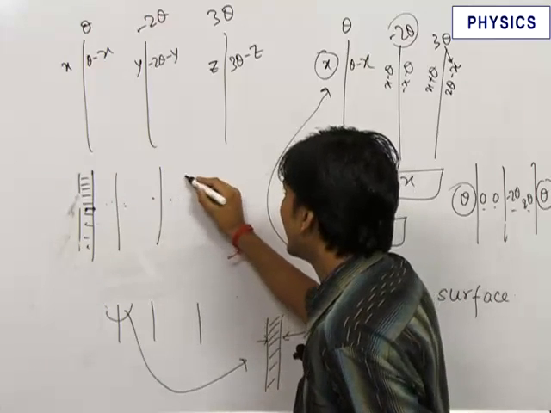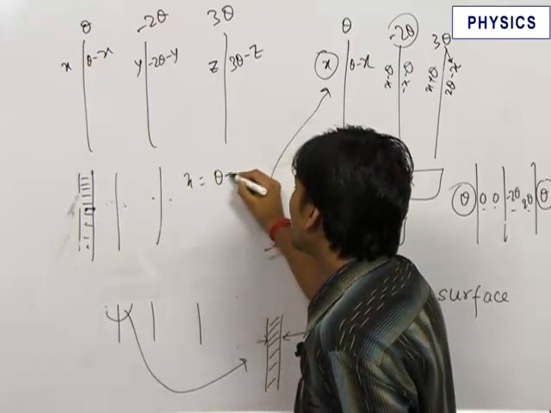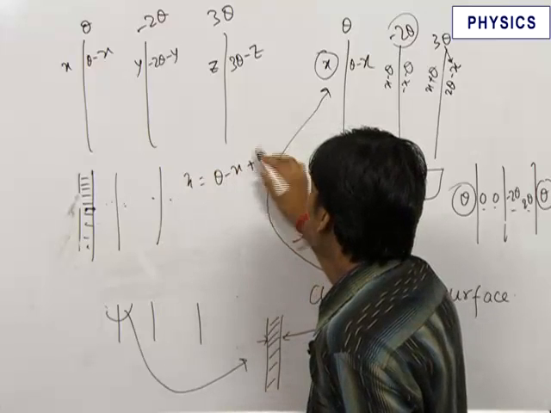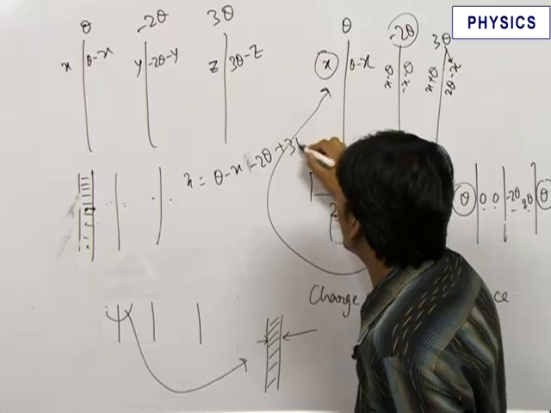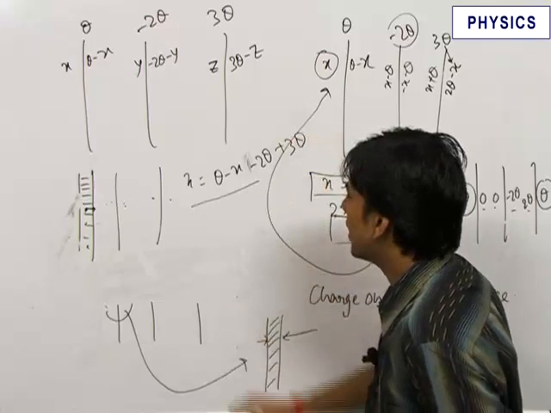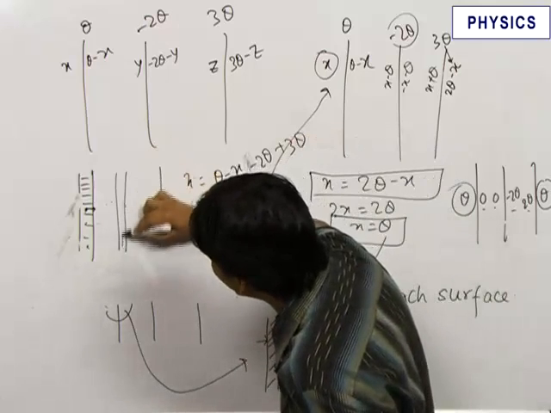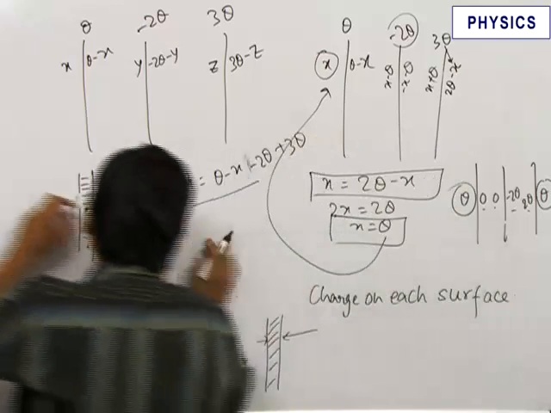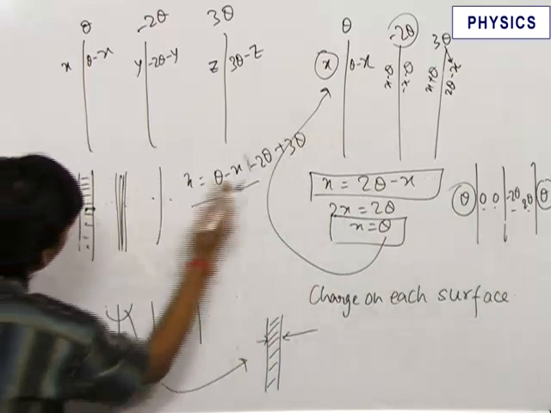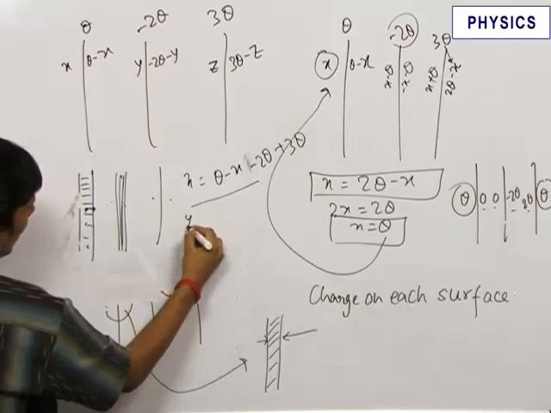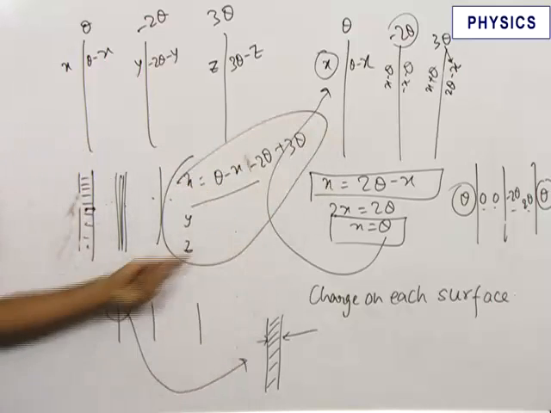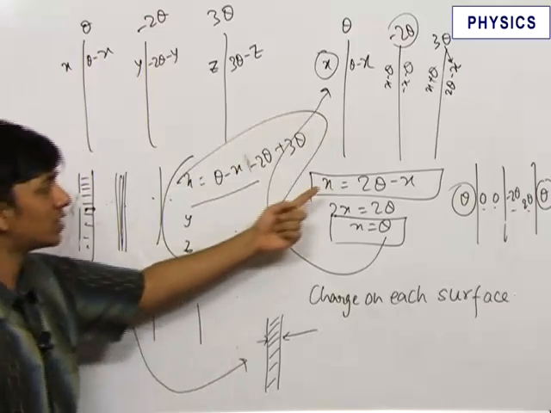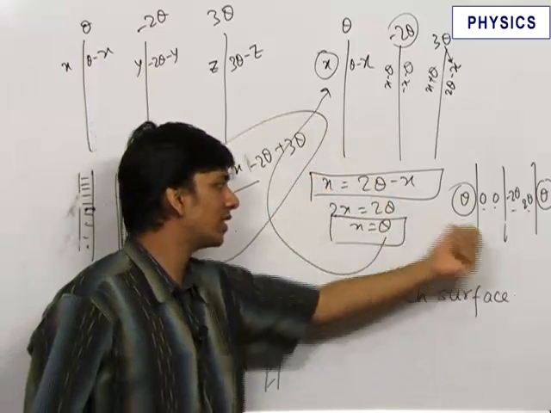We can equate it like that: x is equal to q minus x plus minus 2q plus 3q. So you'll get the value of x from this. Then by equating the electric field inside the next plate to 0, by equating the total charge on the left side to the total charge on the right side, you'll again get an equation in y and then an equation in z. You'll get 3 equations in 3 variables, and then you can solve for the answers. But the best way is to use these two tricks to get the answer directly.